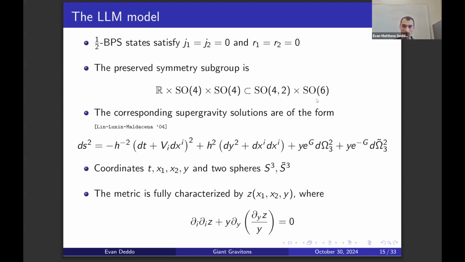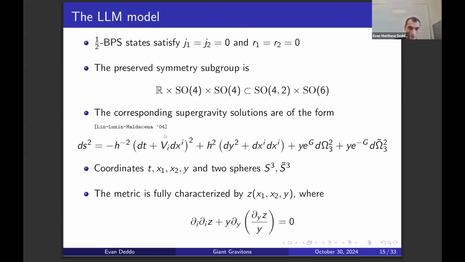So this SO(6) R symmetry turns into just SO(4), because we can no longer rotate in one of the directions because the charge is turned on. And then we also know there's another SO(4) here, because both J's are turned off. And we also have a time translation symmetry. So this will be the symmetry group.